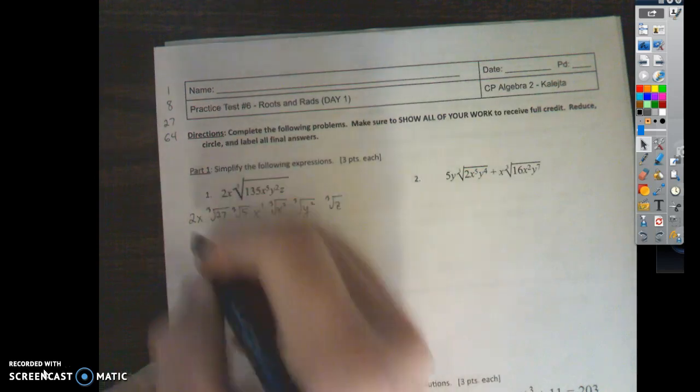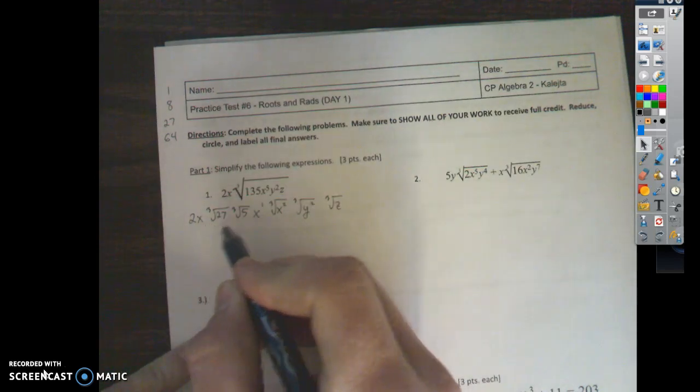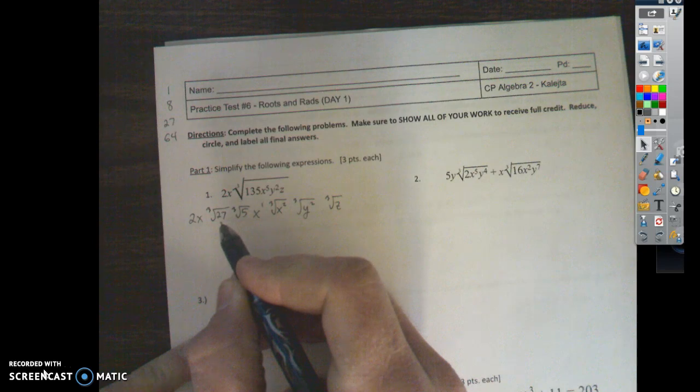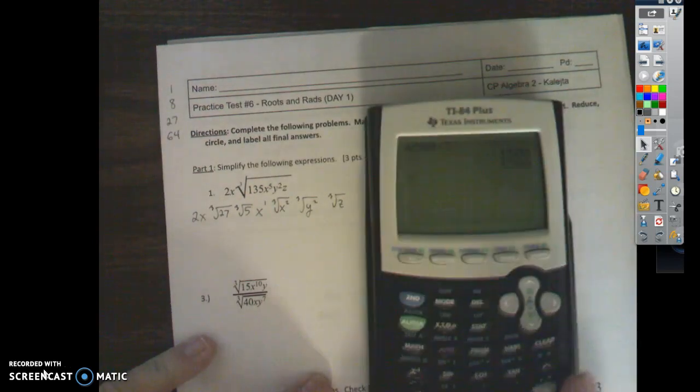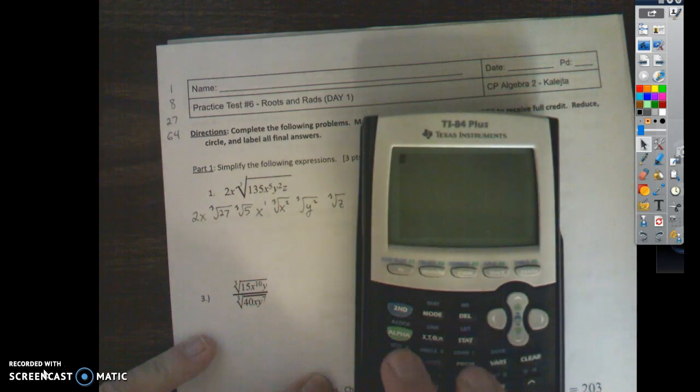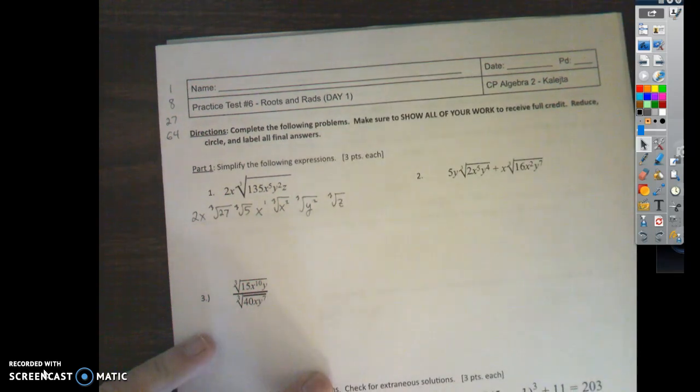After this, we look at what we've got. The cube root of 27 equals 3. If you really want to double check that, I've got my graphing calculator. Hit the math button, down to number 4, cube root, 27. If I hit enter, there it is.